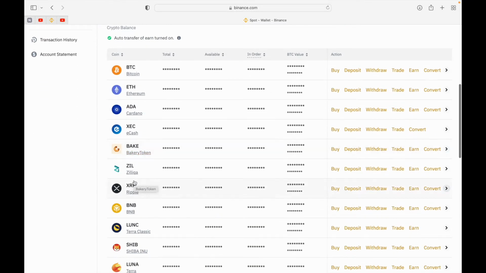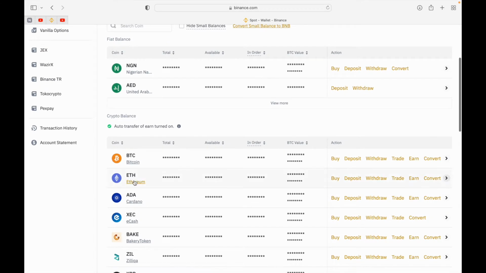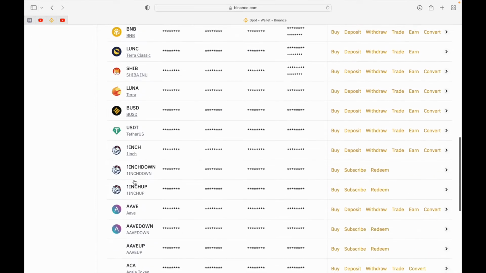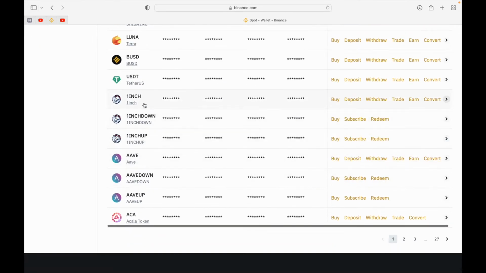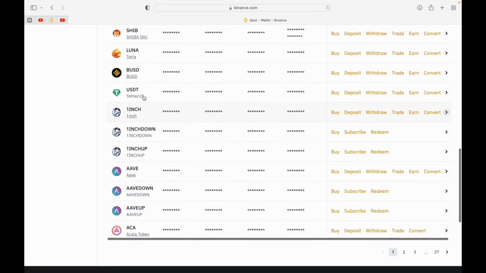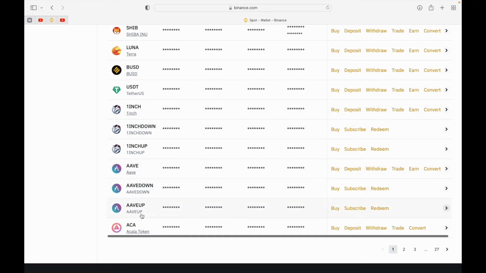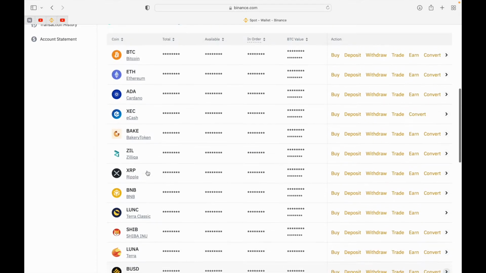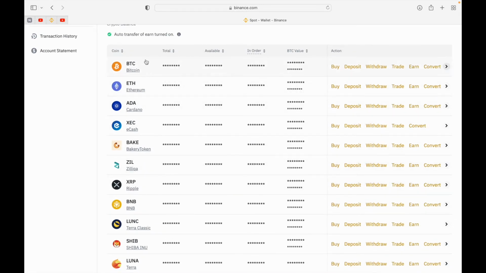So this is the list of cryptocurrencies listed on Binance Exchange, and they are in alphabetical order. But the ones listed on the top, these pivoted coins, are actually coins that have tokens inside.